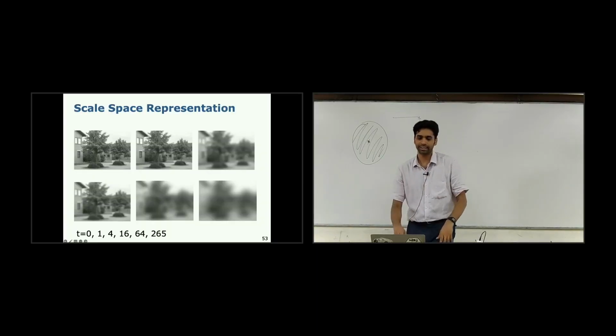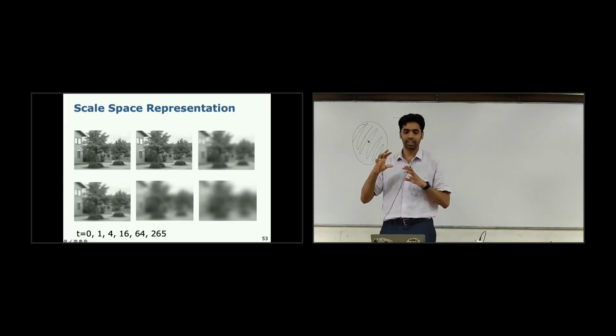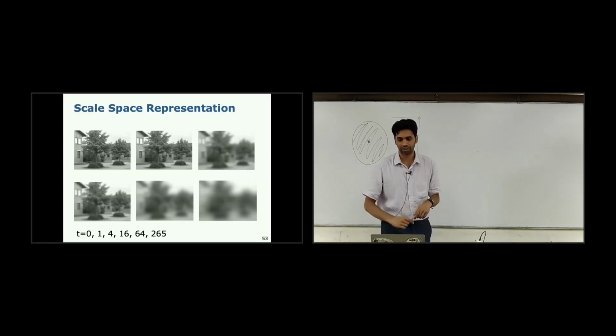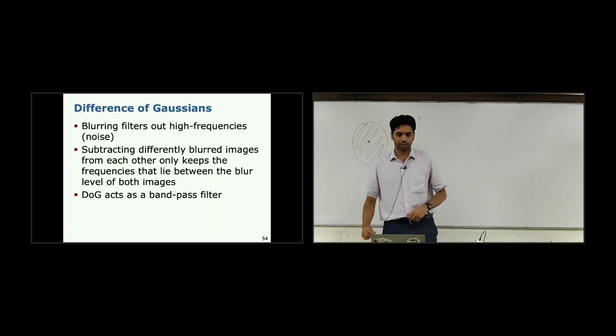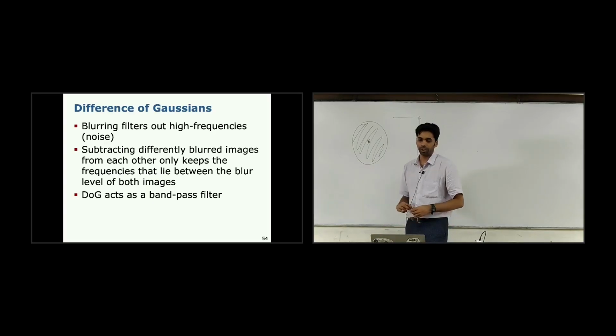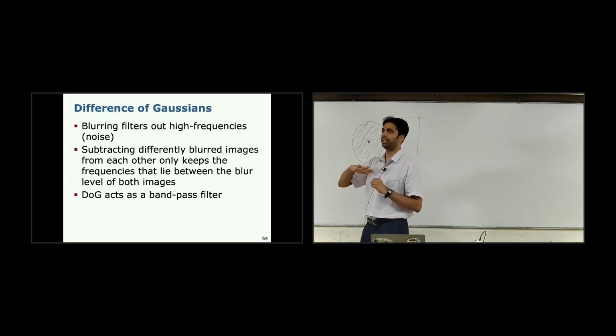So what the scale space representation does is that it gives you uniquely identifiable features at different levels of blurring, and that gives you the ability to actually detect different sizes of features as well, not just the same size that you have. To summarize, these blurring filters are removing high frequency information.